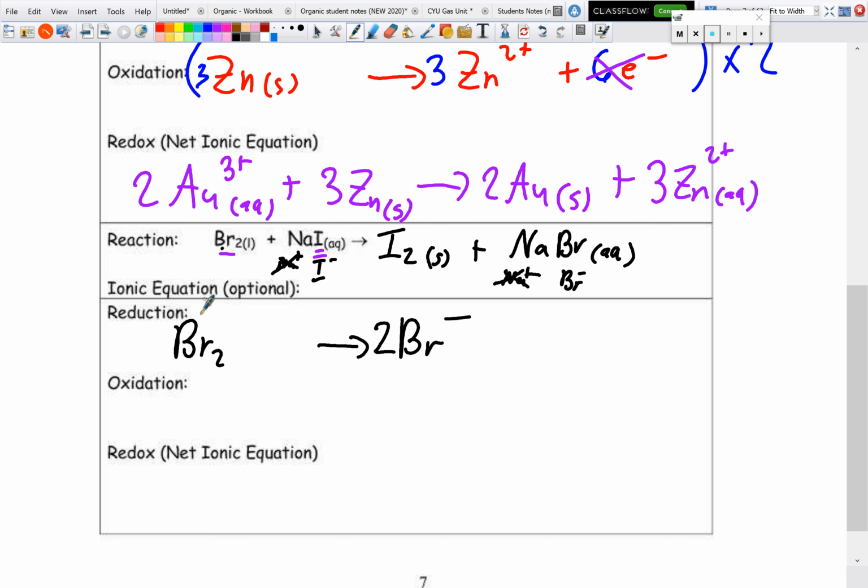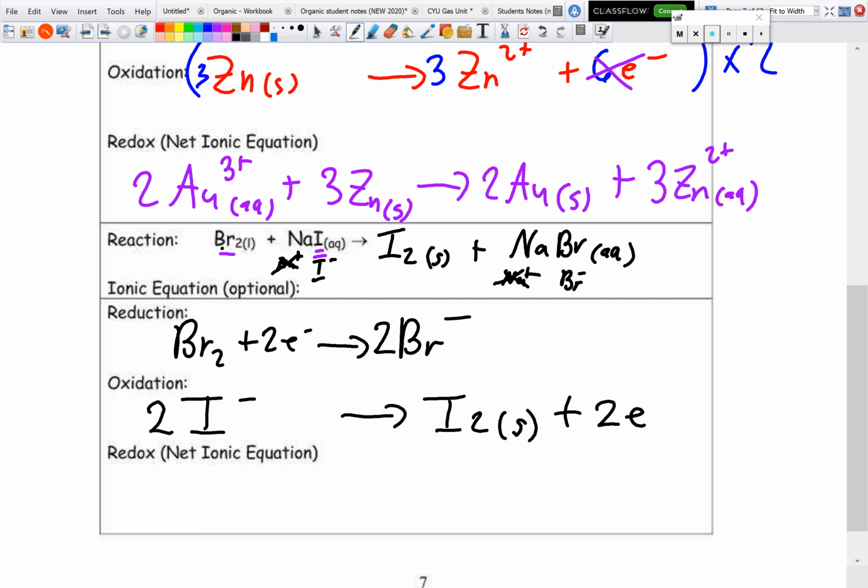Right, so our total charge is 0 on our reactant side. Over here we have a negative 2, so it's 2 electrons in total. That means our oxidation is going to be our iodide going to I2, solid. Same thing, we have 2 iodines but only 1, so we need to stick a 2 in front here, and to balance the charge we get 2 electrons there.